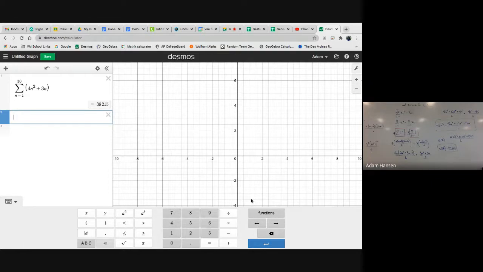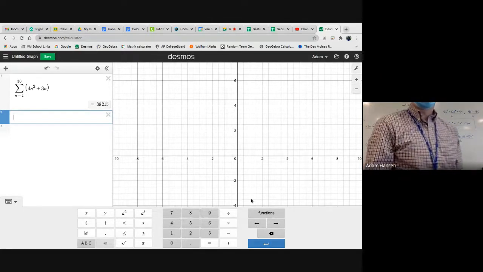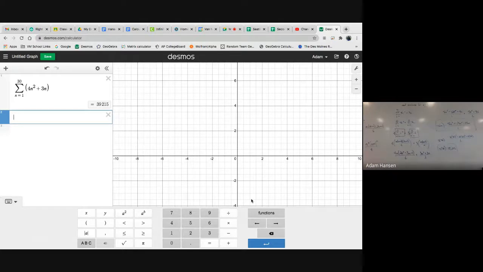Everyone find that okay? On Desmos, the graphing calculator is the only calculator that has the summation function featured. The scientific calculator does not. So you have to go to the graphing window and just type it into the input bar on the left.